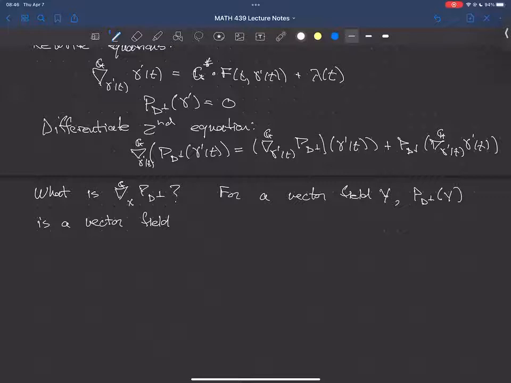So that's also a vector field. So I know how to covariantly differentiate P_D perp of Y, and I know how to covariantly differentiate Y. And so what I do is I use that to infer how to covariantly differentiate P_D perp. Okay, so let's see how you do that.